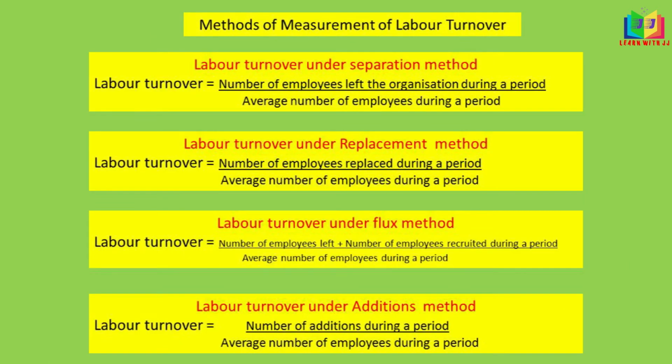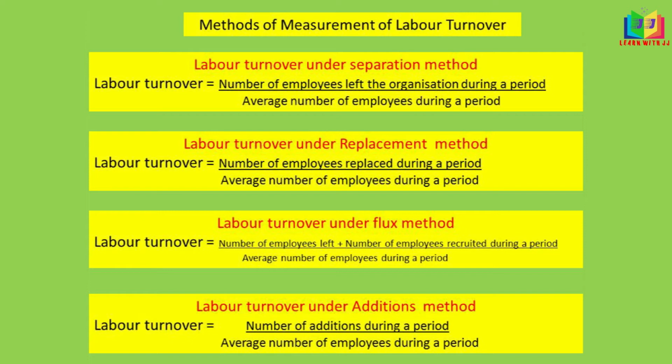And the last method is labor turnover under additions method. Here the labor turnover is equal to number of additions during a period divided by average number of employees during a period. Here the number of additions is the number of employees newly recruited for the period, and that should be divided by average number of employees during a period.